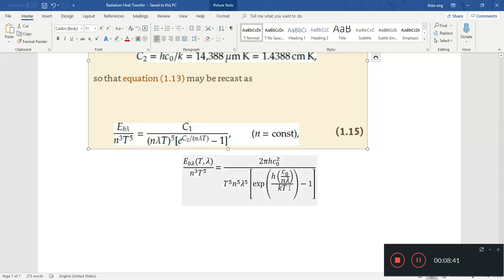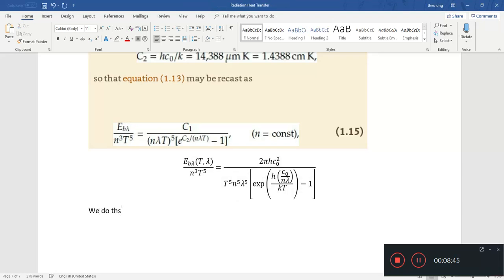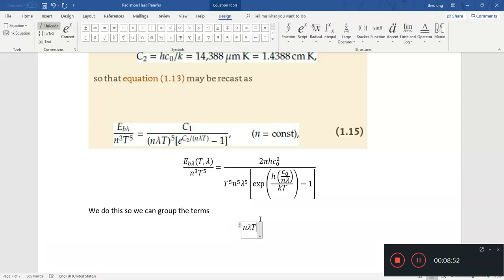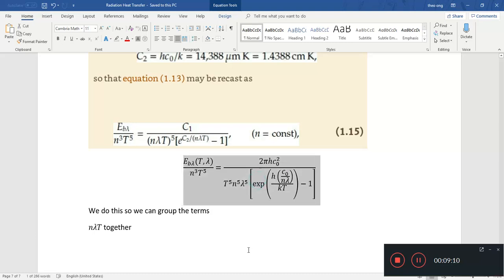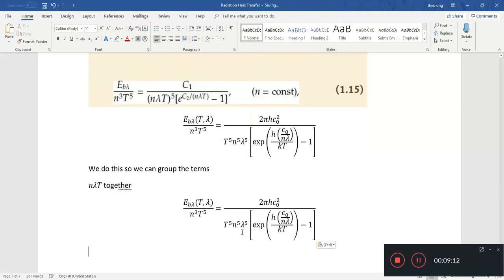We do this very conveniently so that we can group the terms n lambda T together. For constant refractive index, we can say these two are pretty much constant, but this becomes a convenient mathematical expression for us.